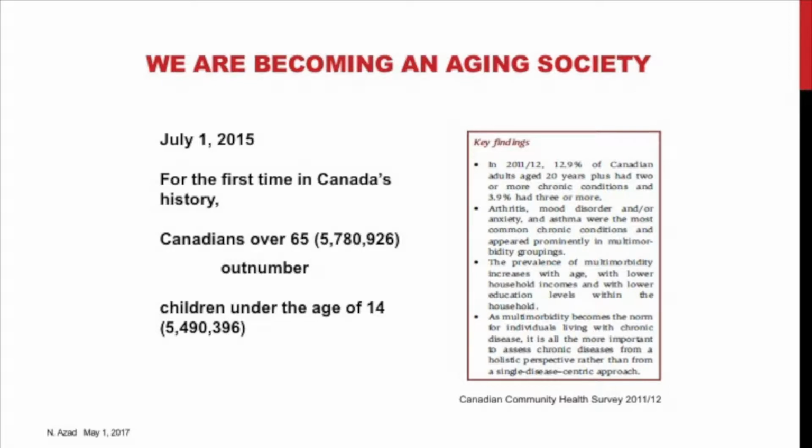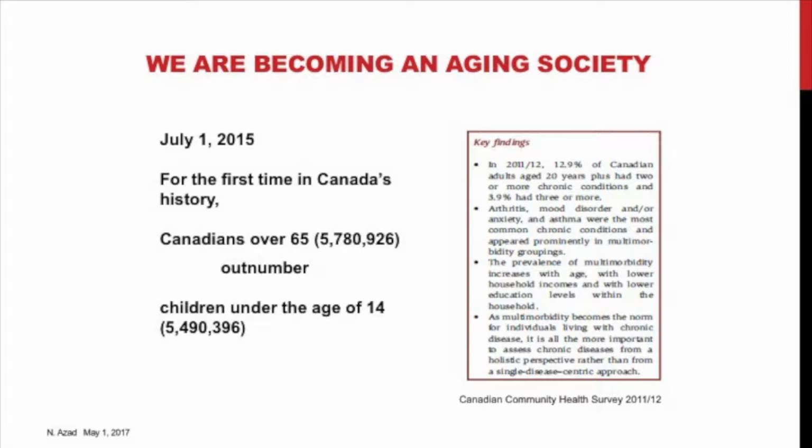I lost my slide. So the single chronic conditions are more prevalent in the younger population, although still 4% have multimorbidity in the younger population. However, as we age, we accumulate more chronic conditions, hence multimorbidity.